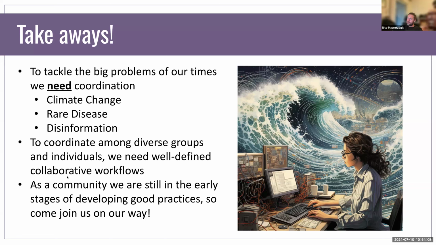As a community in general, I think we are still in the very early stages of developing good practices. There are communities out there like open source software that are much more advanced in terms of these kinds of practices, which have developed very nice, well-defined open governance models that we could learn from.